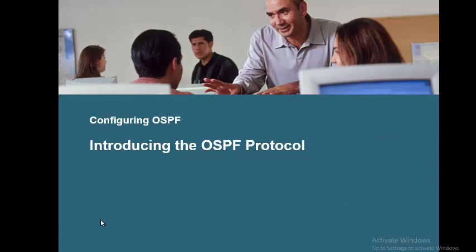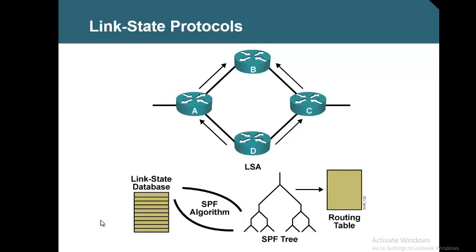And now we're going to start from the introduction. OSPF protocol introduction. It's a link state routing protocol, as we all know. Now they build the routing table with the help of link state advertisements that come from every other OSPF router.